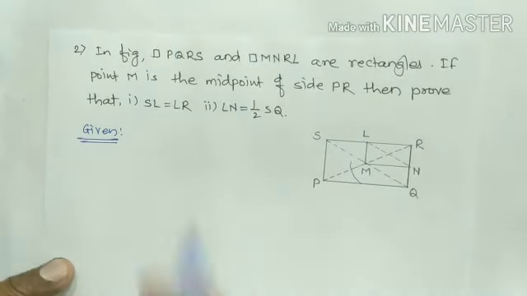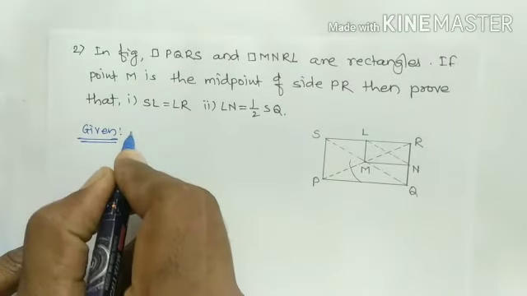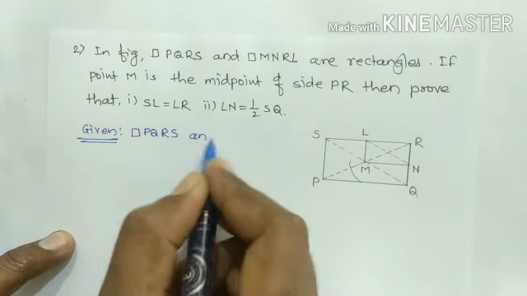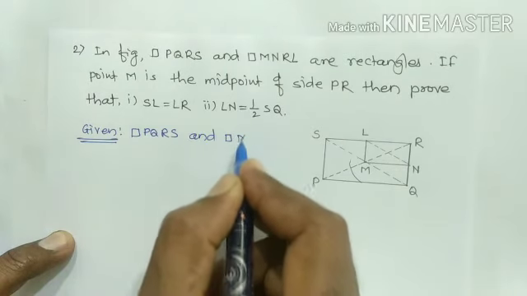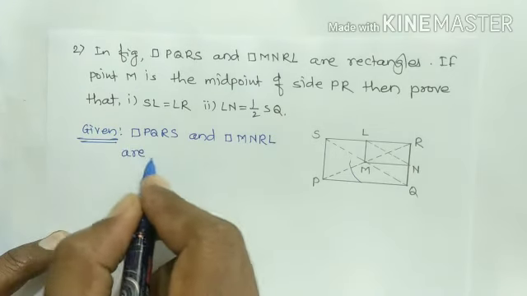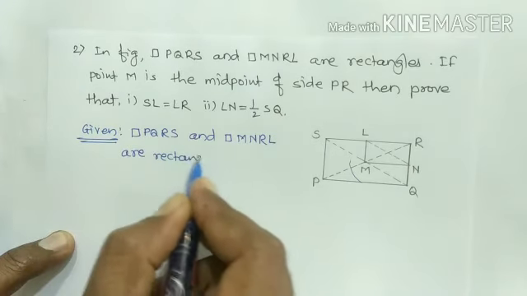First we write the given. Here quadrilateral PQRS and quadrilateral MNRL are rectangles.